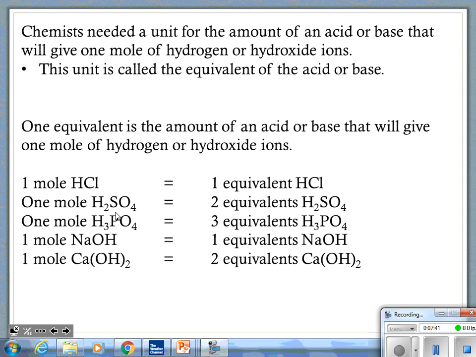It would have 2 hydrogen ions, so that would be 2 equivalents. Let's jump down here. Calcium hydroxide has 2 hydroxide ions, so that would also be 2 equivalents. So see how they're comparing equivalents with the number of hydrogen ions and the number of hydroxide ions.